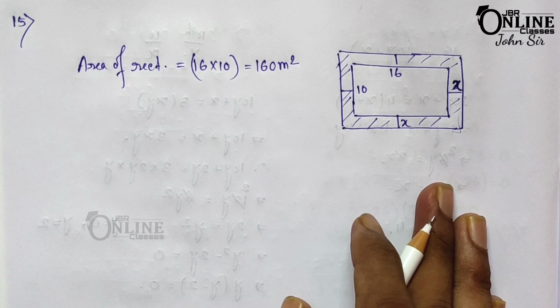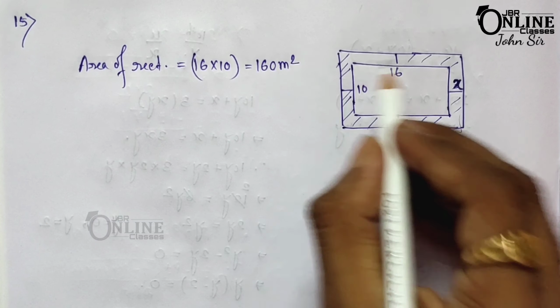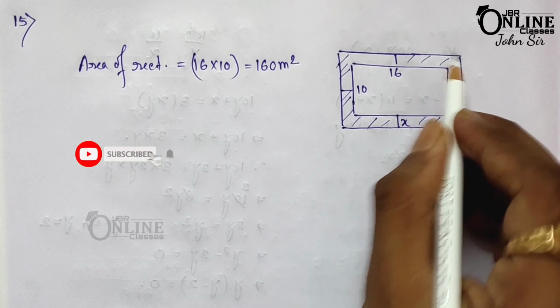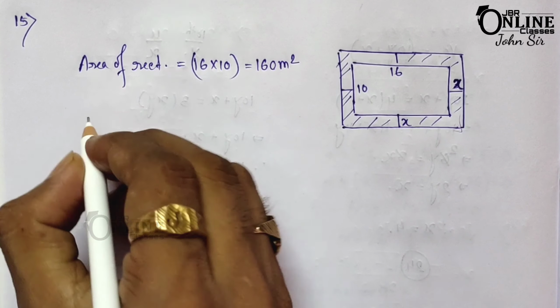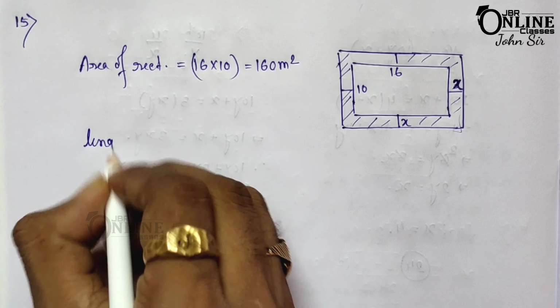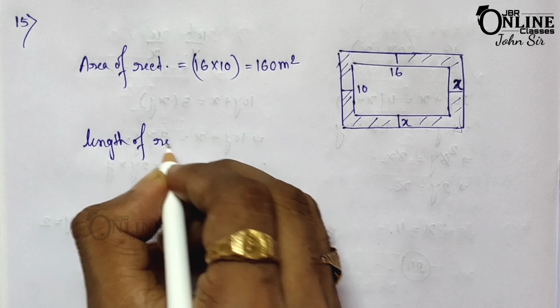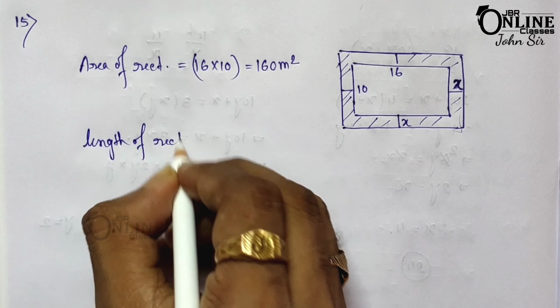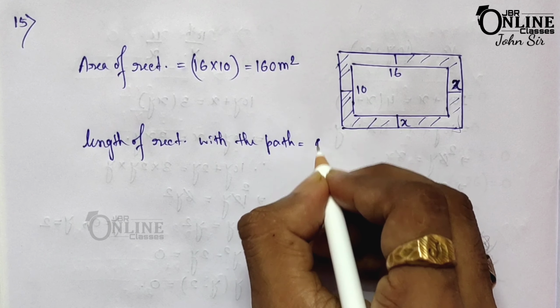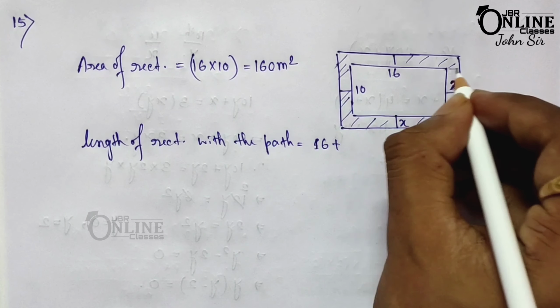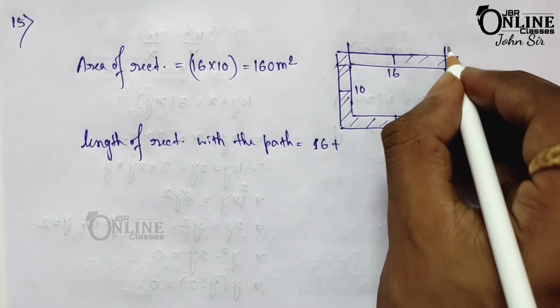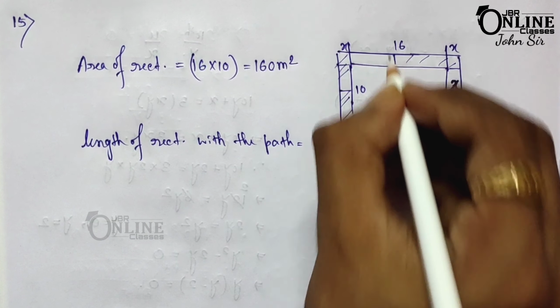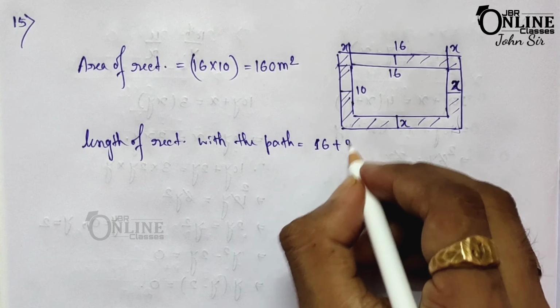Clear? Now the next thing is to find out the length of the rectangle with the path. Length of the rectangle with the path equals 16 plus, as this portion equals x and this portion equals x, so 16 plus 2x.